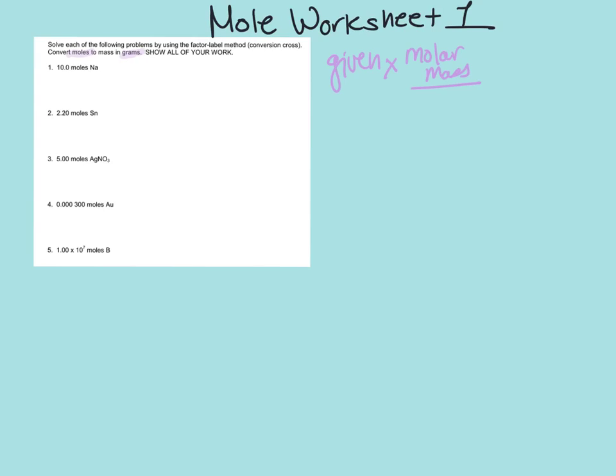Again, it's the same number as the average atomic mass, but it's in grams because we're talking about a mole. And so the molar mass is the mass of 1 mole of whatever it is you're talking about. So if you multiply those, you get the new mass in grams.